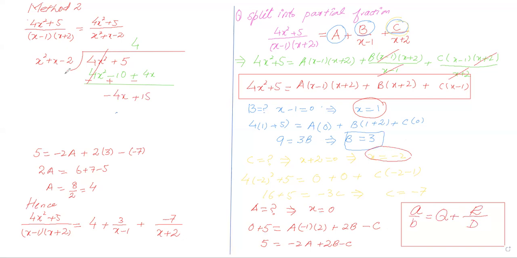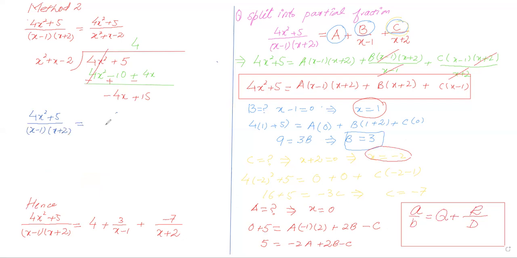Similarly, the same method you will apply over here. So I can write this one by erasing this. I will change the marker color to blue. The question is given 4x squared plus 5 divided by x minus 1 times x plus 2 is equal to, first of all, we have to write the quotient.